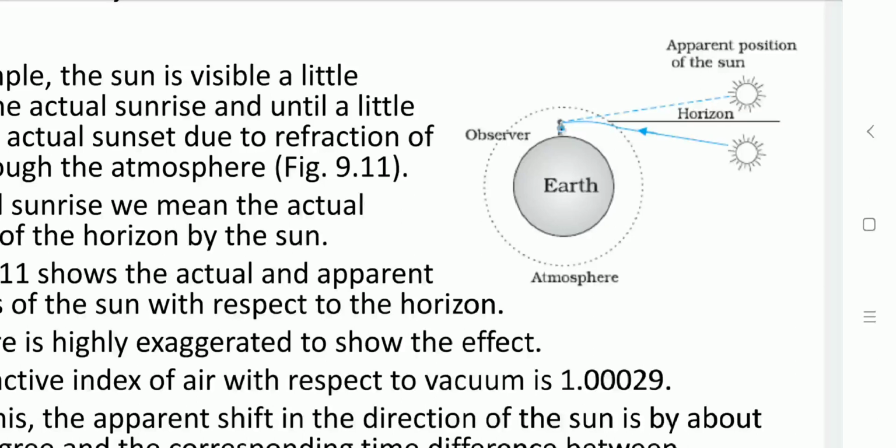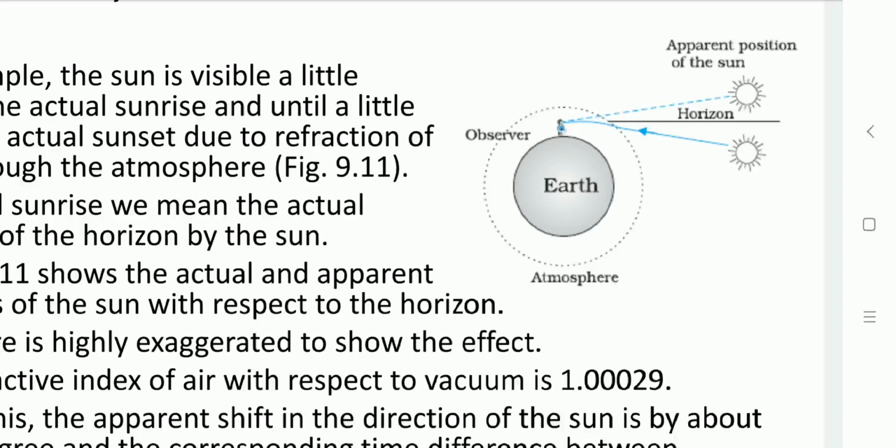While the Earth is rotating around the sun, it takes 24 hours to complete 360 degrees. Here the illusion we have is about half a degree, and to complete that half degree, 2 minutes are required. It means the sunset is visible 2 minutes after actual sunset, and the sunrise is visible 2 minutes before actual sunrise.